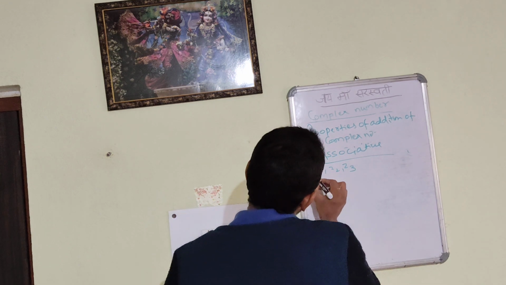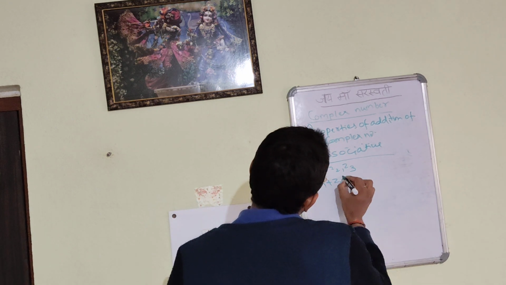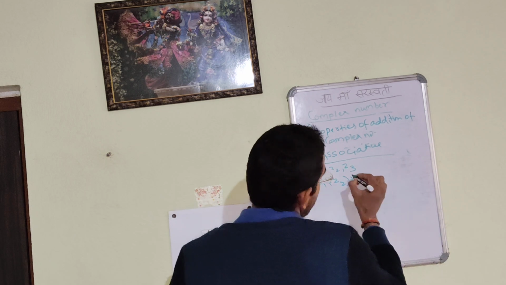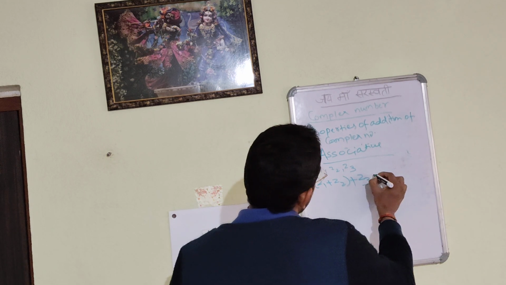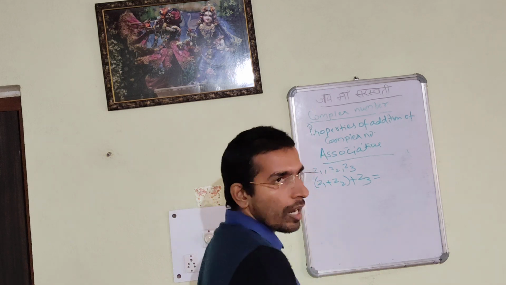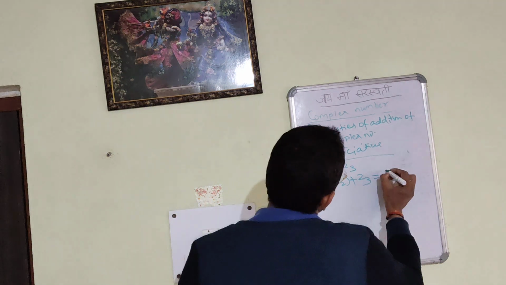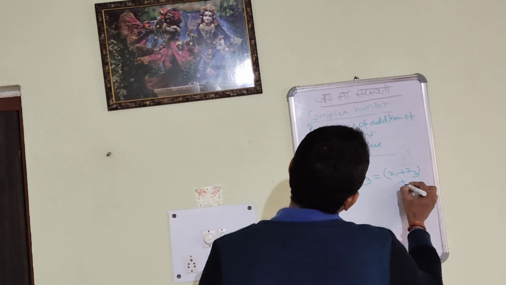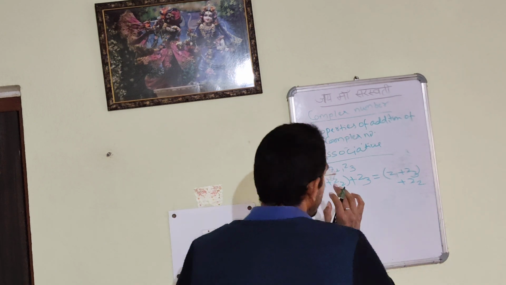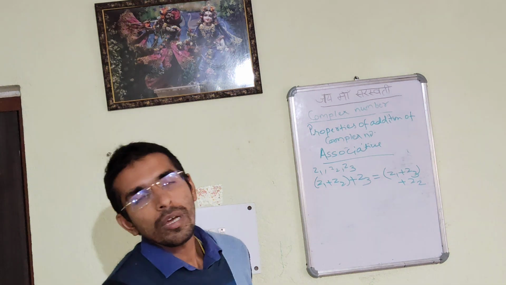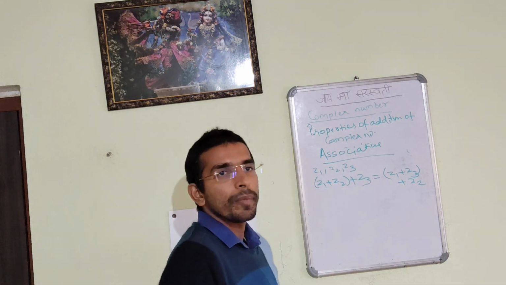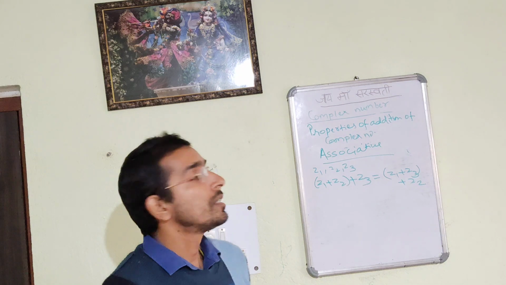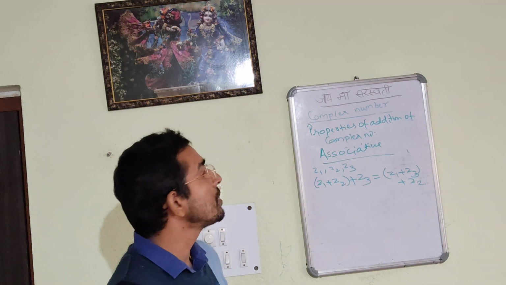If we are taking Z1 plus Z2 together, and we are adding Z3 as a separate entity, and as per the associative property, if we are taking together Z1 plus Z3 and we are keeping out Z2 as a separate entity, then in that case also the answer will be the same in both the cases, which will certify my statement that it is associative.